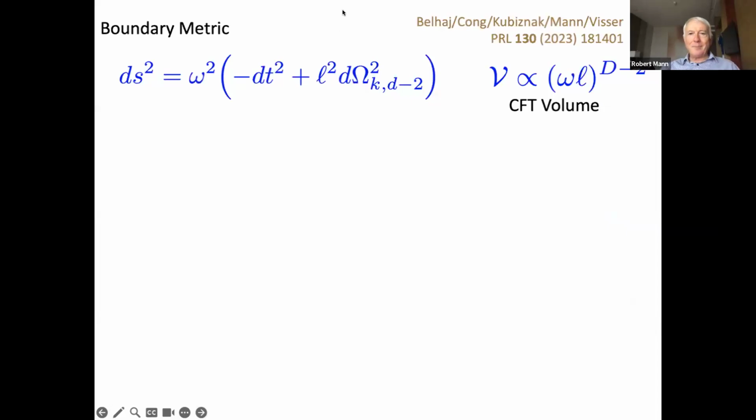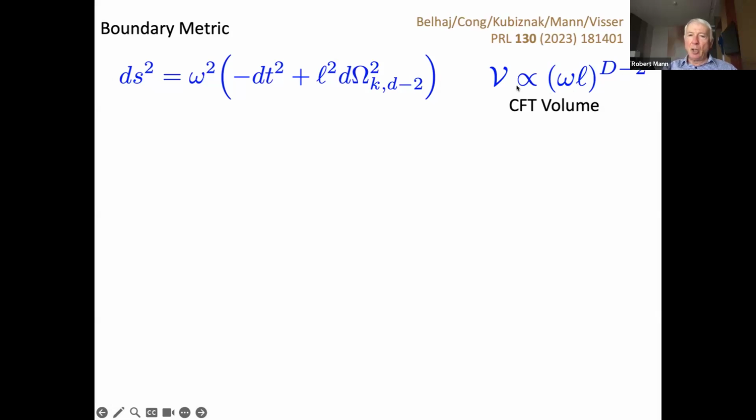Now, varying Newton's constant seems to be a bit strange, and in fact, it's not necessary. And what we found a short while afterward in this paper here is that the volume of the CFT is actually related to this conformal factor that relates the asymptotic AdS metric at some fixed radial value R to the line element ds squared of the CFT.